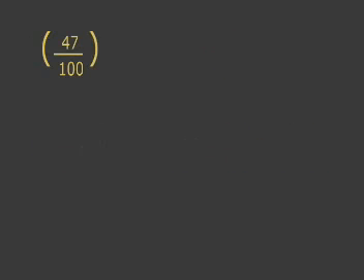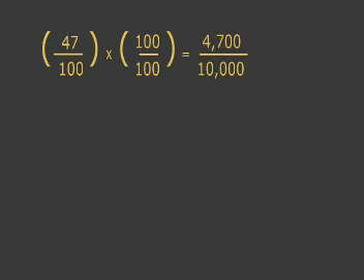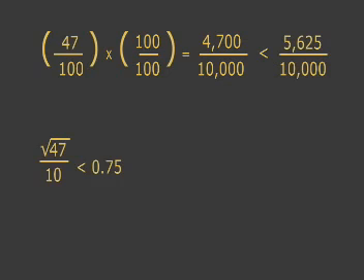We will multiply 47 over 100 by 100 over 100. And we see that this number is less than 5,625. Therefore, 0.75 is greater than the square root of 47 over 10.